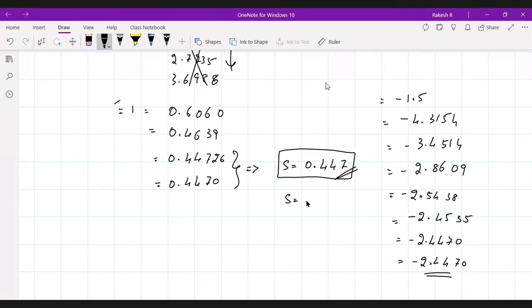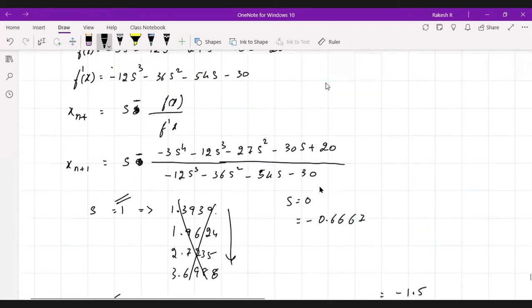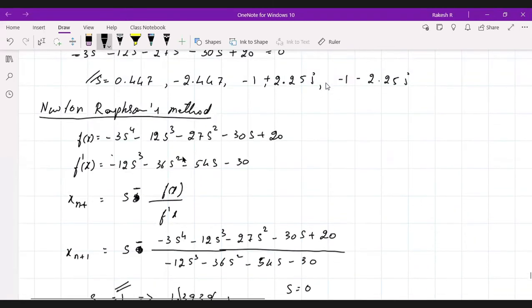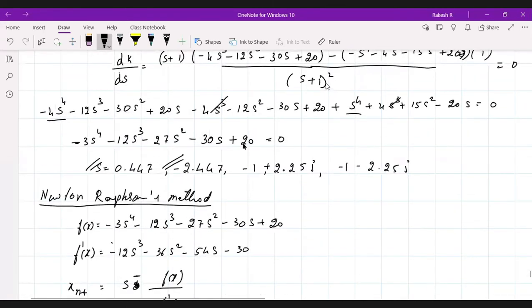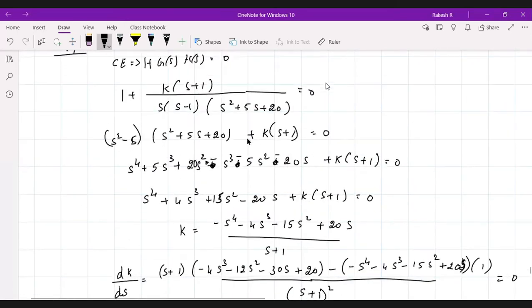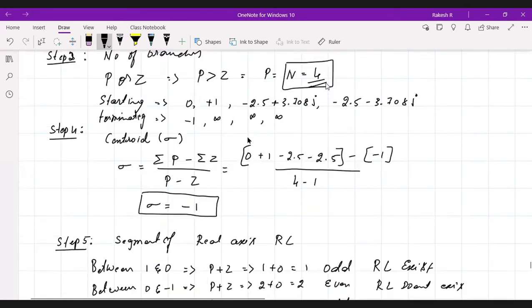So I can write s is equal to -2.4470 here. Right? So what we have got with these two things. We have got the two roots. These are the two roots here, right? So I can directly mark these two as the valid break in and break away points.